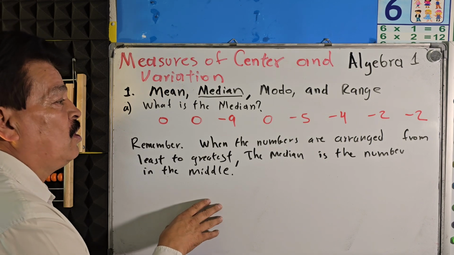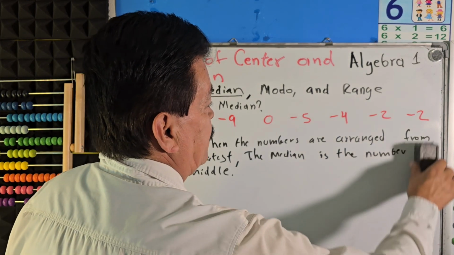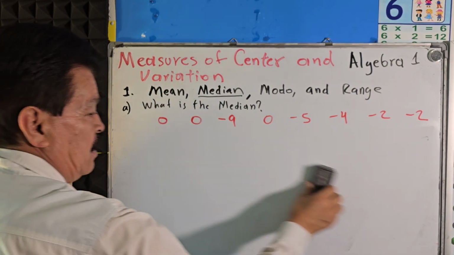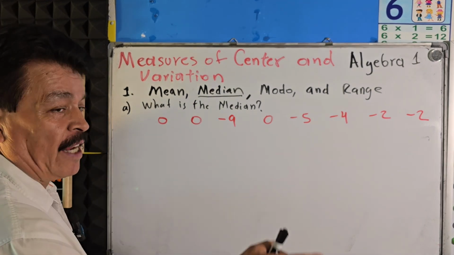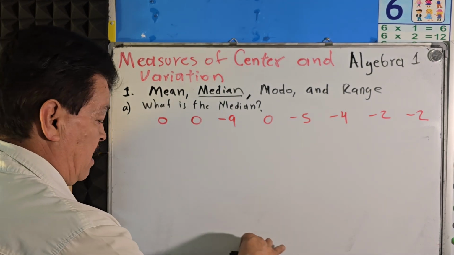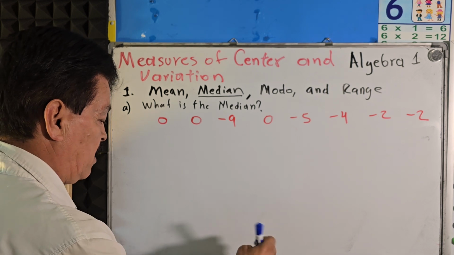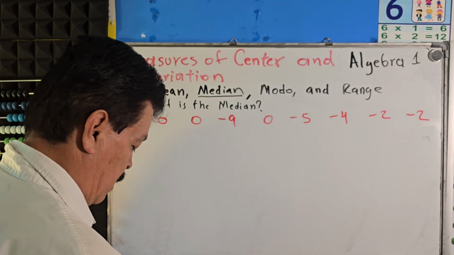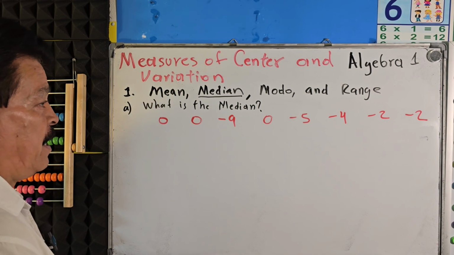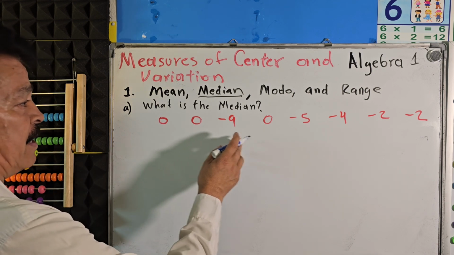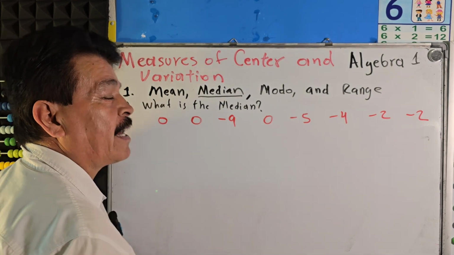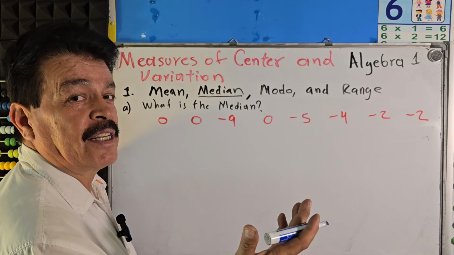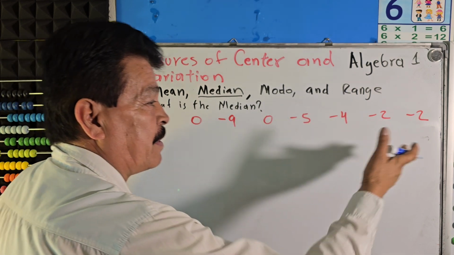Okay, once you know what the median is, let's try to solve our problem. First step, we have to organize our numbers from least to greatest. Remember, the negative numbers are smaller and the positive numbers are the biggest.